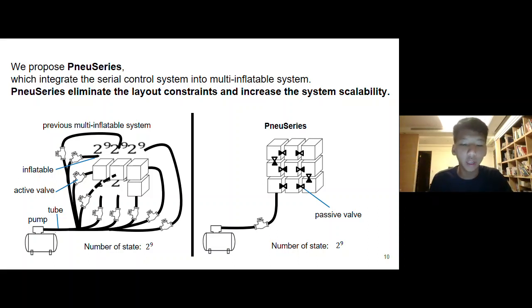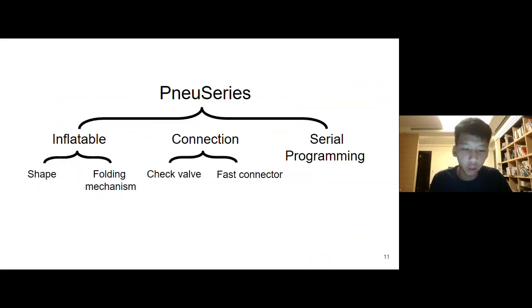This eliminates the layout constraint from external tubes, which largely reduces the complexity of the system. Alright, so that's NeuSeries. Next, I'll elaborate on how NeuSeries works, including its inflatables, its serial connection, and how to program NeuSeries.